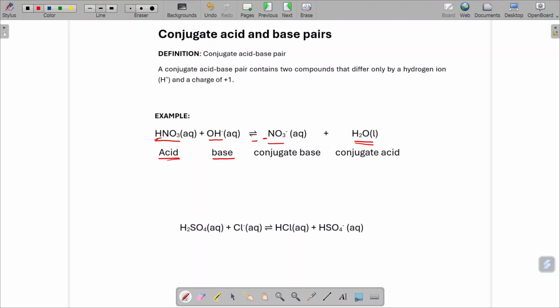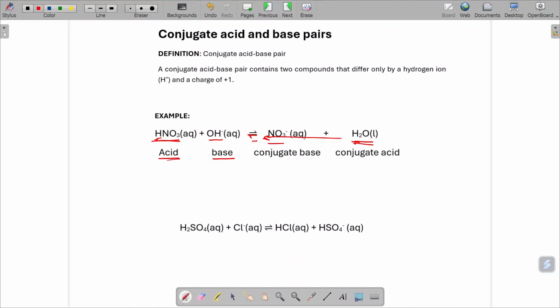Because this reaction is reversible, let's consider what happens when we go from right to left. So when reading this reaction from right to left, what will happen? We'll notice that the NO3 minus is going to accept a proton from the water, and that will form the HNO3. While reading from right to left, the water is going to donate a proton to the NO3 minus.